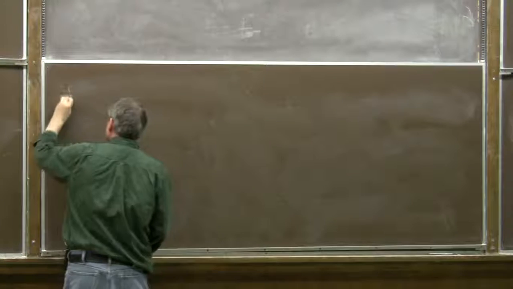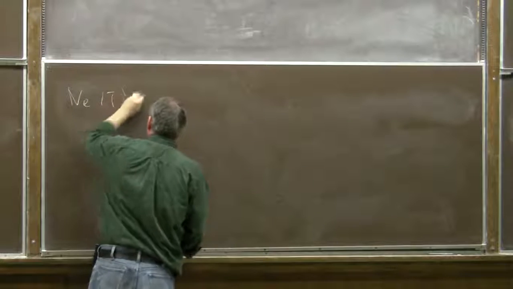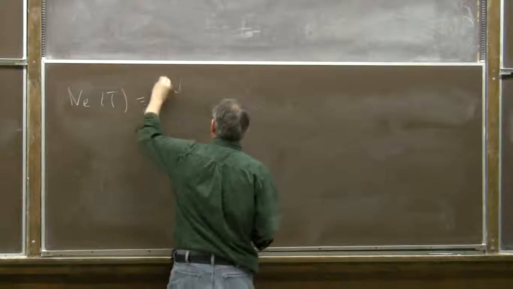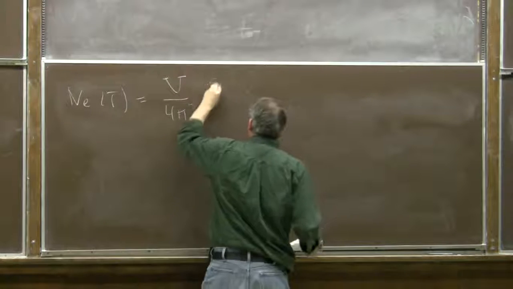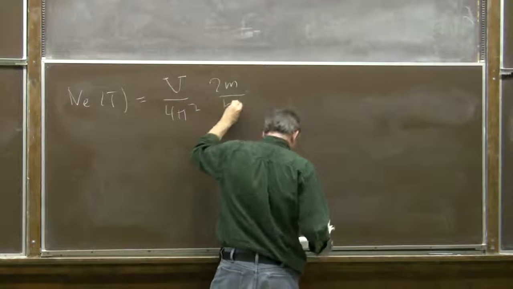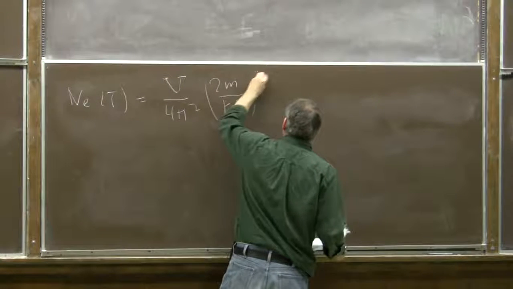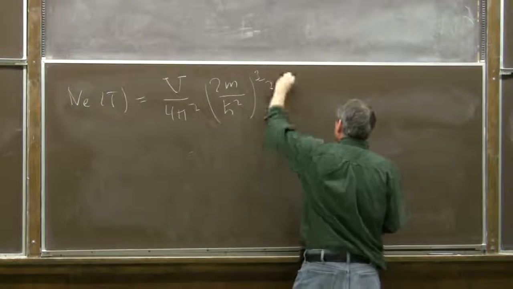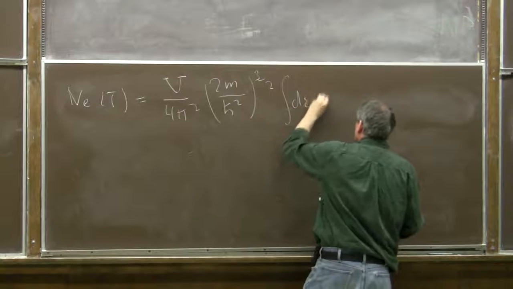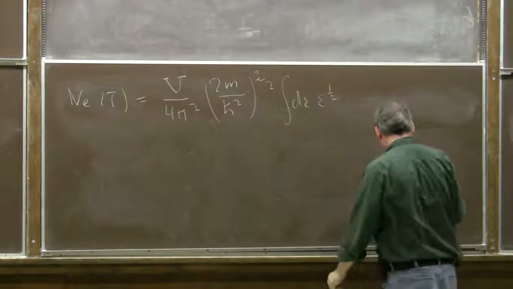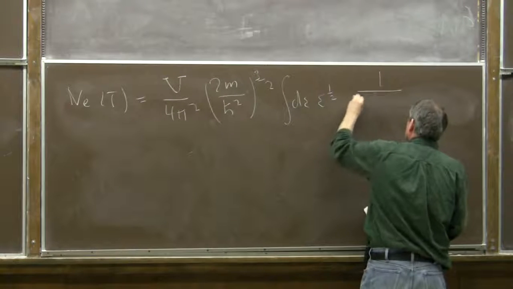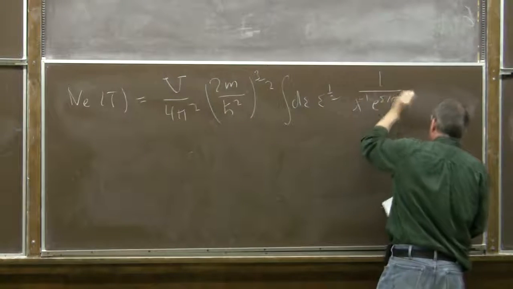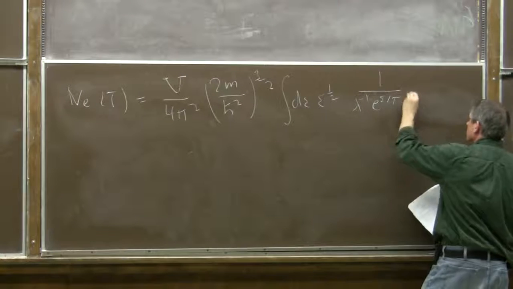So let's write that again, substituting in, as I've indicated, the total number of excited particles from the density of states. I have volume over 4 pi squared, 2m over h bar squared to the 3/2. Then I have an energy integral with the factor epsilon to the 1/2 from the density of orbitals, and 1 over lambda inverse e to the epsilon over tau minus 1.